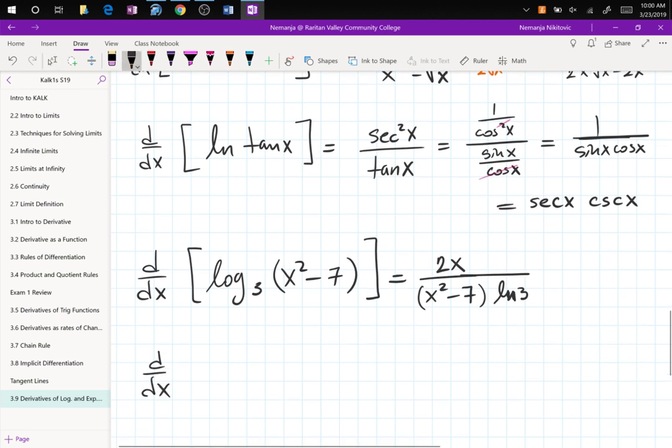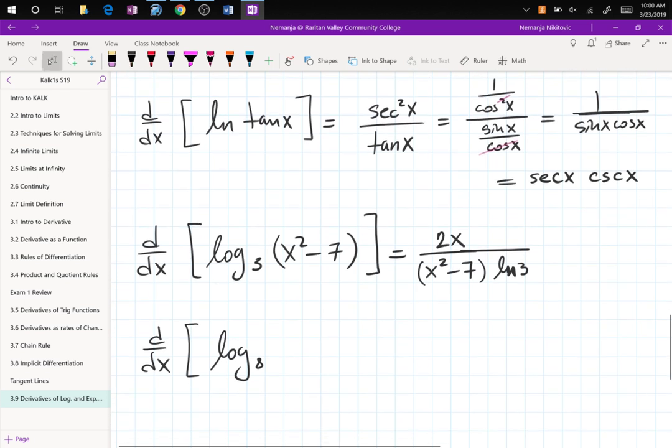d dx of log base 8 of, and then the function is what? Let's go with x. No. How about if we put sine squared x?